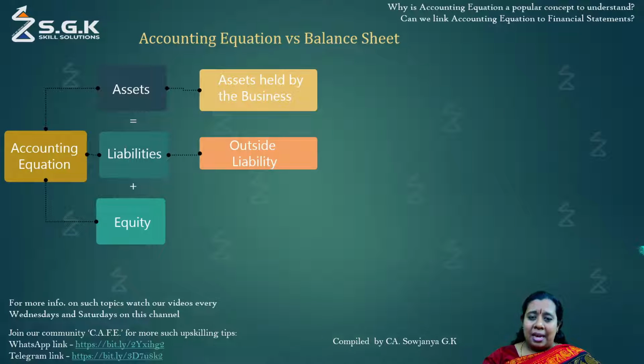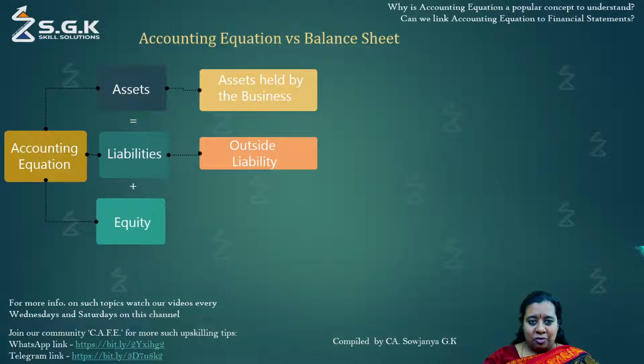Next is the liabilities. Liabilities are the sources of funds. Assets were the application of funds. Liabilities represent the obligations of the business payable to an external person who has provided funds, largely banks and financial institutions. So liabilities are external sources of funds.